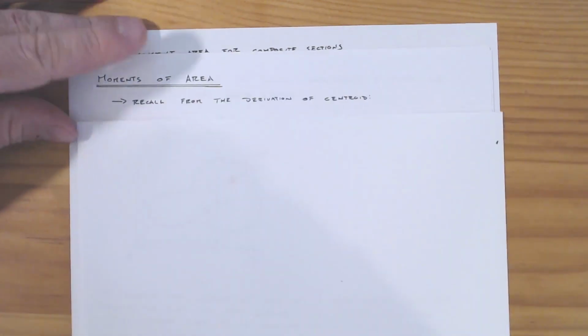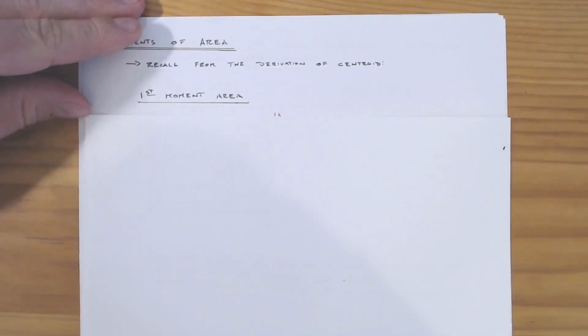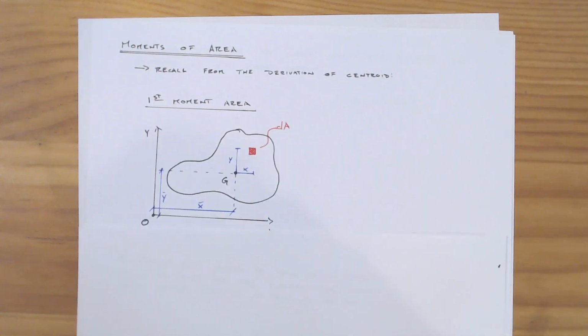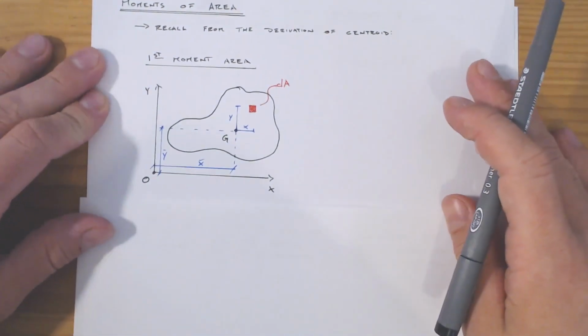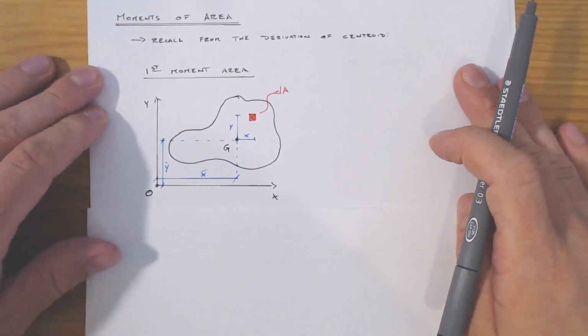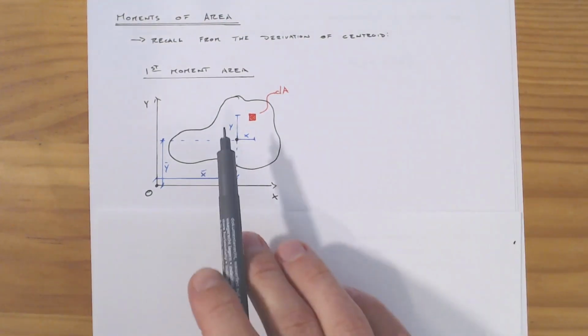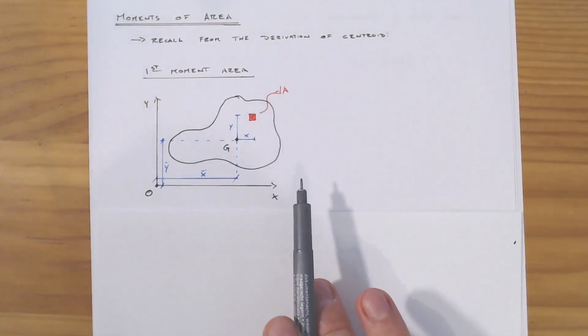So those of you who've taken statics, you'll have come across the concept of a centroid, and really this first moment of area. So if you think about a first moment of area, we have our generic engineering blob here.